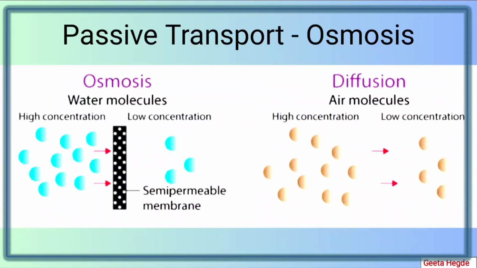The third type of passive transport is osmosis. So what is osmosis? Osmosis is also a type of facilitated diffusion. It is specific to diffusion of water. This involves movement of water molecules through a semi-permeable membrane. The water molecules move through the semi-permeable membrane with the help of specialized water channels which are called aquaporins, or they can directly move through the lipid bilayer.